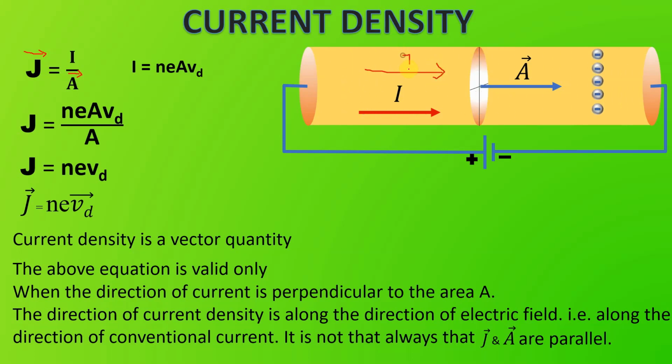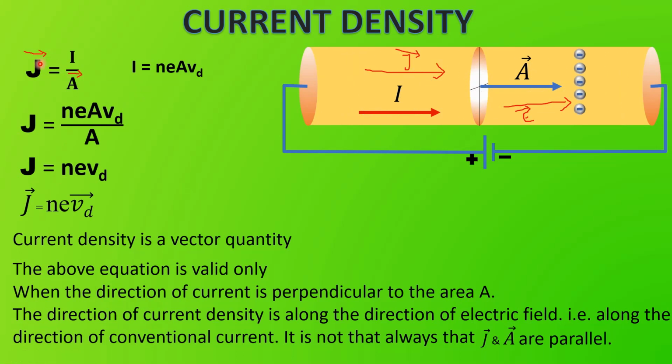So this represents the direction of current density. And what will be the direction of electric field? We know the direction of electric field is always from positive to negative. So this is the direction of electric field. So all are acting along the same direction. Current density, current, and the electric field are acting along the same direction. Remember.